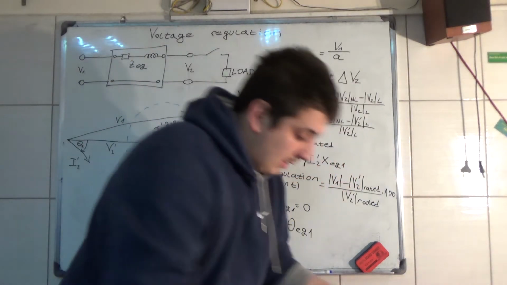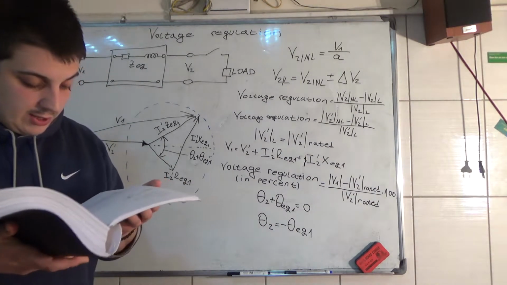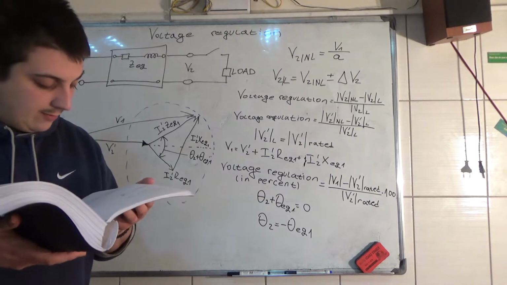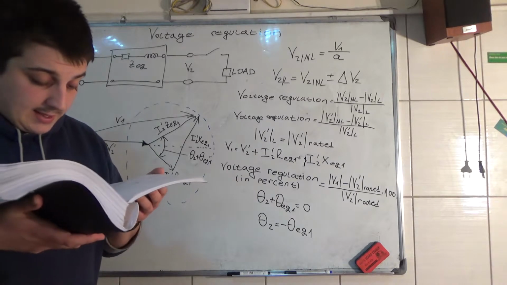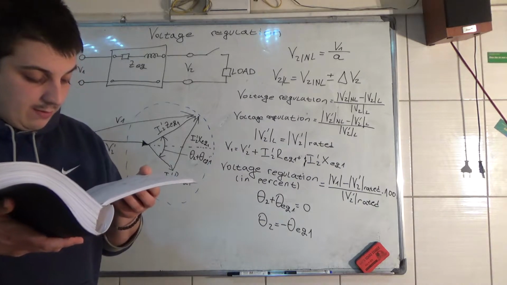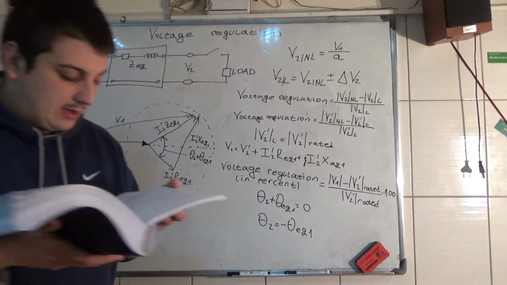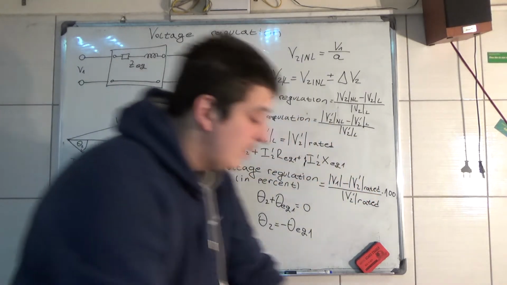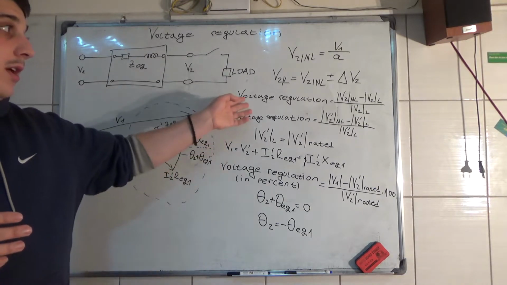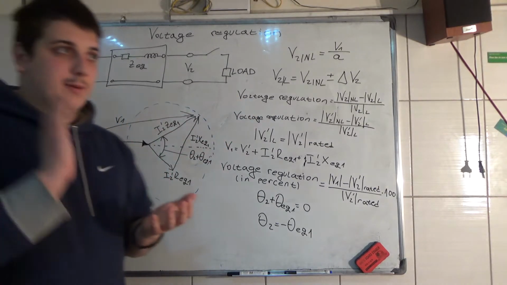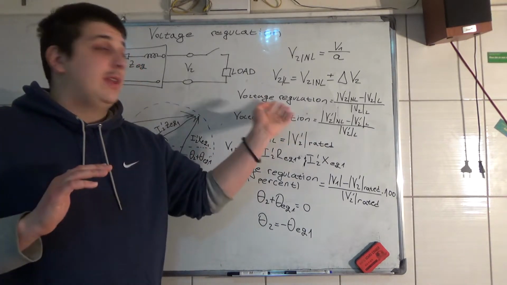Now, a figure of merit called voltage regulation is used to identify this characteristic of voltage change in a transformer. The voltage regulation is defined as the change in magnitude of the secondary voltage as the load current changes from the no load to the loaded condition. This is expressed as follows. There is a formula called voltage regulation, and engineers are always using this formula.